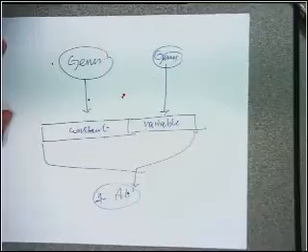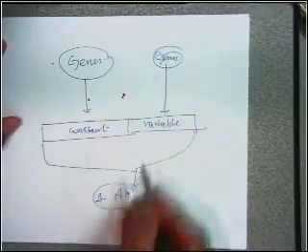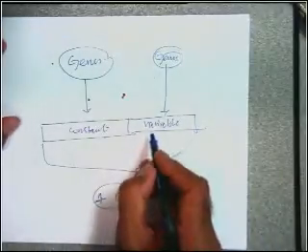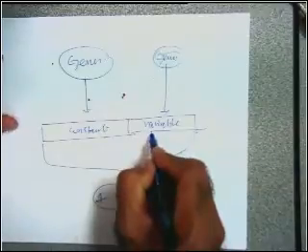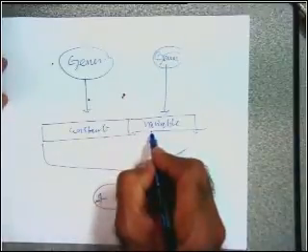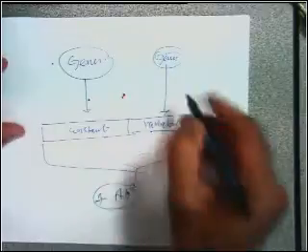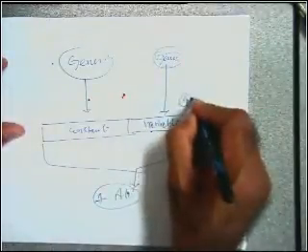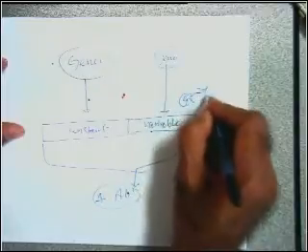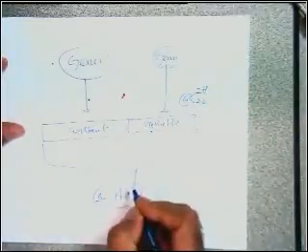Now, I'll ask one question. Variable region, how many chains are there? Yes? 4 chains, good. So 4 of what? 2 heavy and 2 light chains. That's good.